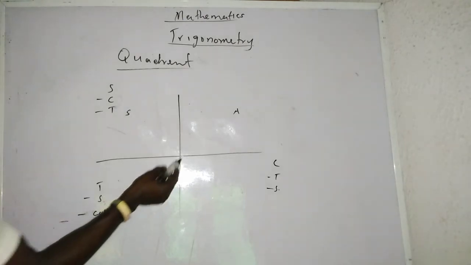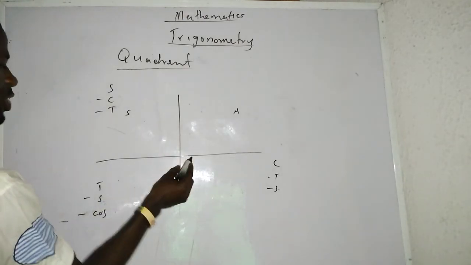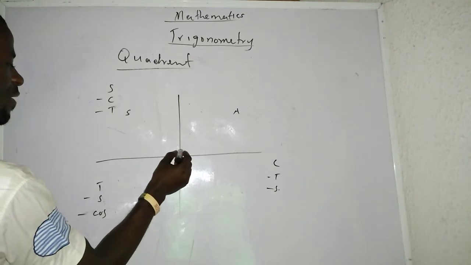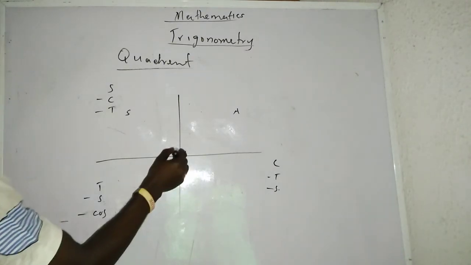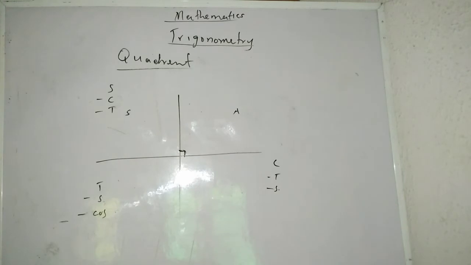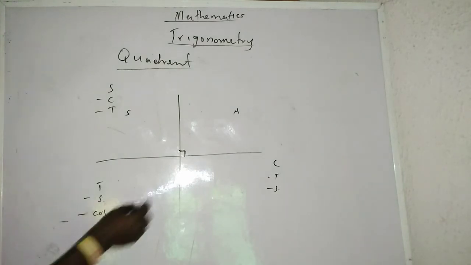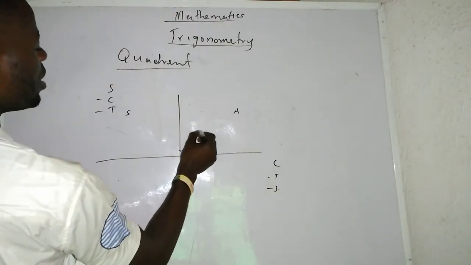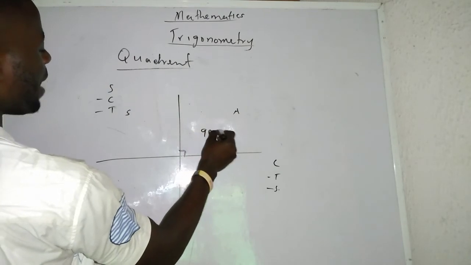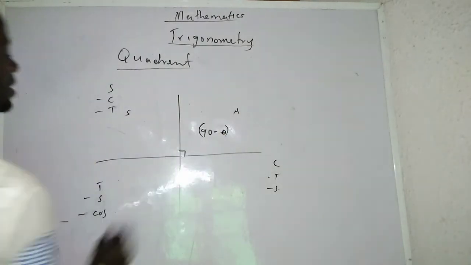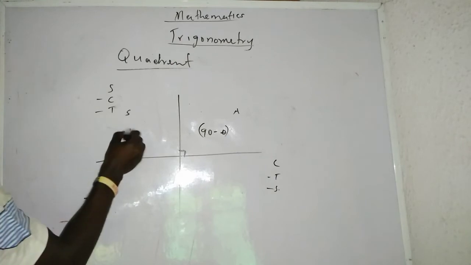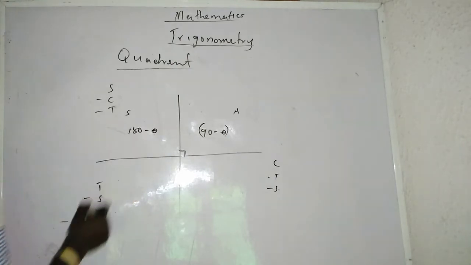Now, number 2, this movement is on what? Anti-clockwise, which all is positive. Here is 90. Now, it means if I should work on my angle here, it is 90 minus theta. It's very important. Also, here is what? 180 minus theta.